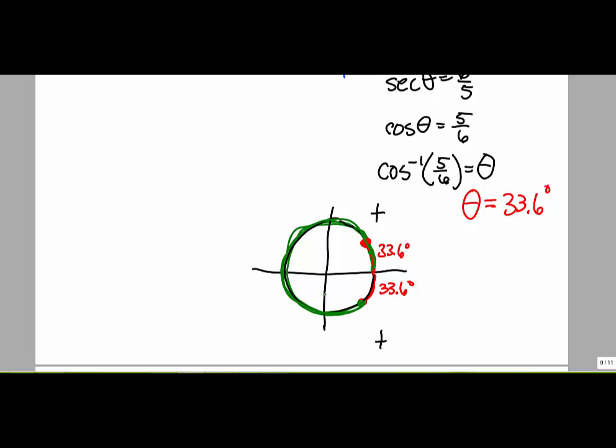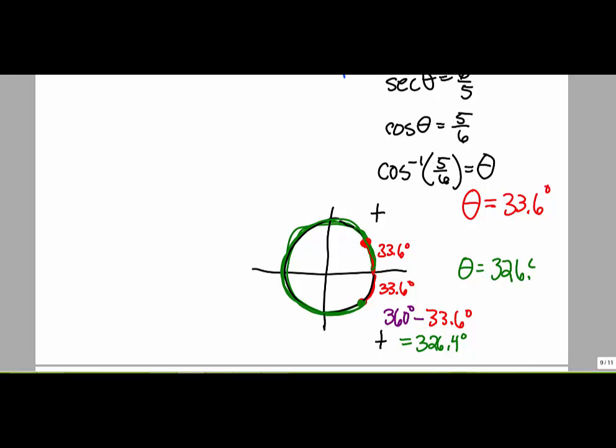So we stop right here. How would I determine what that angle is? Well, we would have to take 360 degrees and subtract from that the 33.6 degree reference angle. So what we actually get then is 326.4 degrees, so we'll round to the nearest tenth.